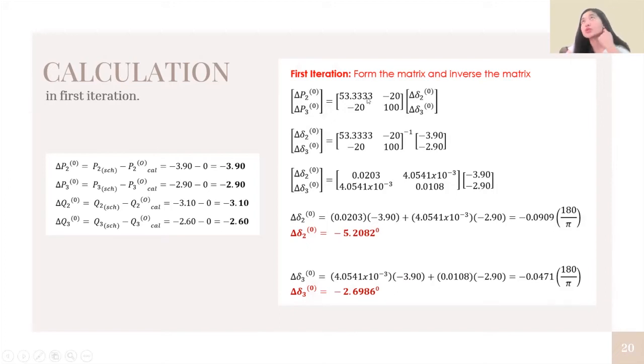Actually, if we are to go back sa ating Newton-Raphson discussion, I have presented to you na yung ating matrix formation is like this one, wherein ito yung Jacobian matrix natin, and this is our piece, and this is our delta. Wherein here, we are going to substitute this value since nakuha naman na natin siya dito and yung Jacobian natin is nakuha na rin natin. So we are to solve for our delta 2 and our delta 3.